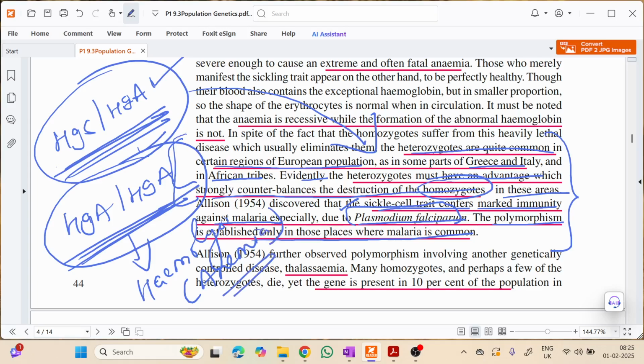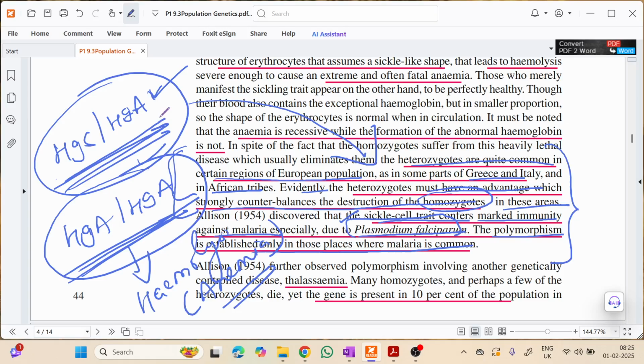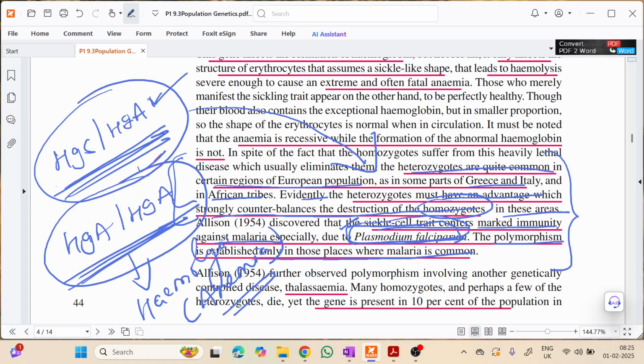I repeat again that the presence of the sickling trait is necessary, especially where malaria is endemic, because this agent, Plasmodium falciparum, the causative agent of malaria, causes blood thinning. And in that case, an individual must shrink the shape of the red blood cell so as to preserve the blood.